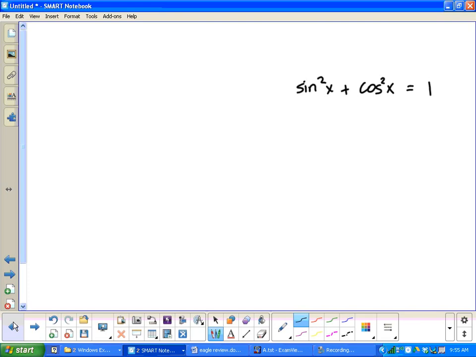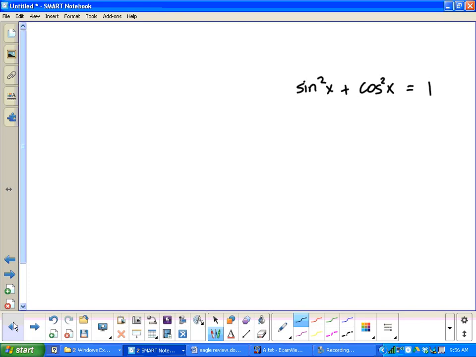How do we get the other two Pythagorean identities, though? Divide by cosine squared. If we go through and divide everything by cosine squared, that gets us another version of it.